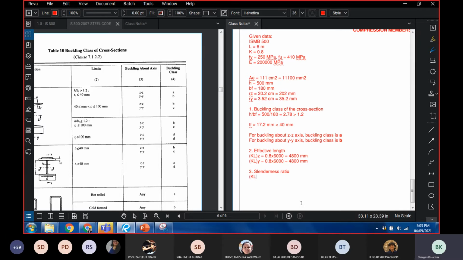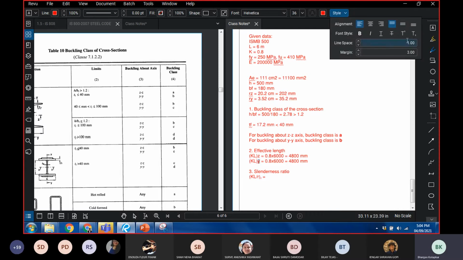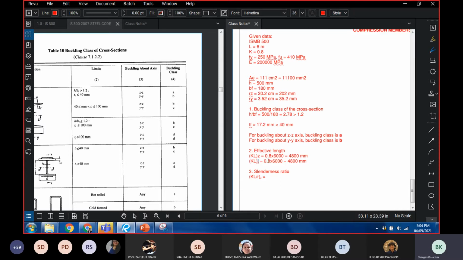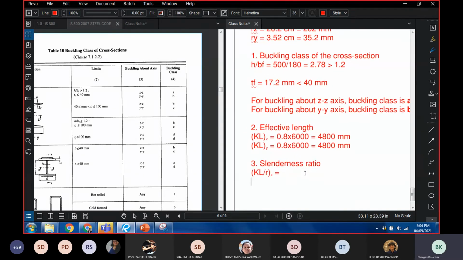One is KL upon R about the Z axis. Please note everything is in subscript. I'm just relying on you paying attention and knowing that it is in subscript, and therefore not taking the effort to write all this down.